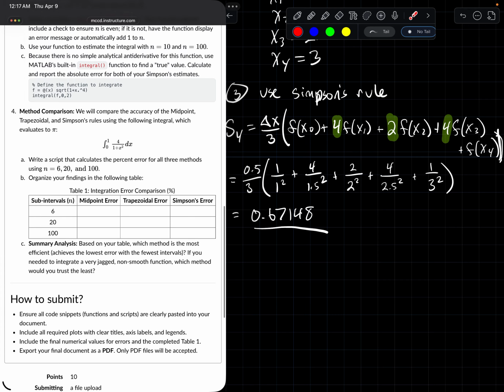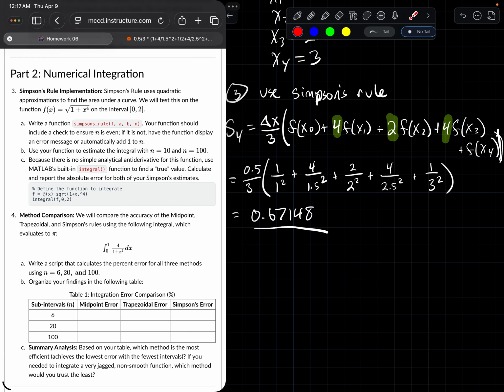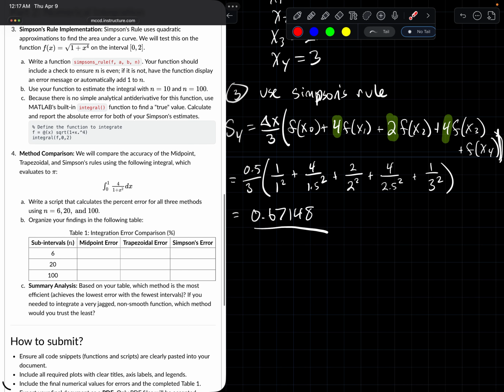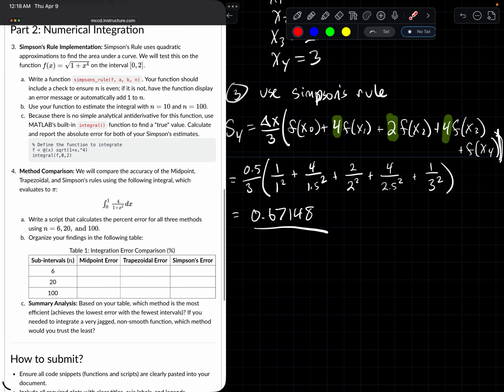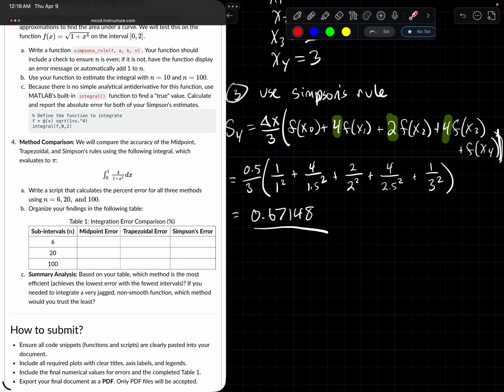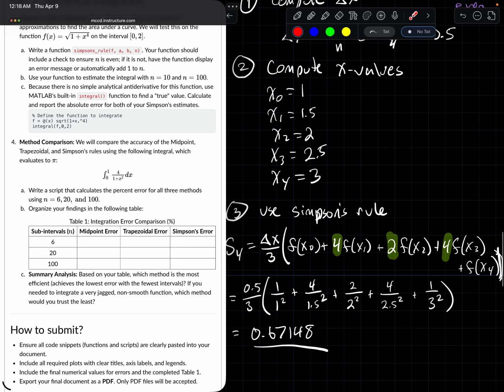Part 2, implement Simpson's rule, and then compare midpoint rule, trapezoidal rule, and Simpson's rule with 6, 20, and 100 subdivisions. The Simpson's rule code is the only code that you don't really have from the lab last week. You can talk to me if you have trouble implementing Simpson's rule, and we'll work through it. Other than that, I think that's about all I have to say here.